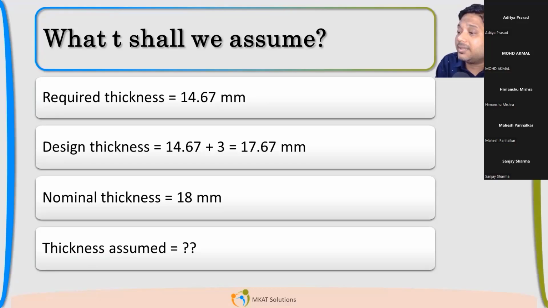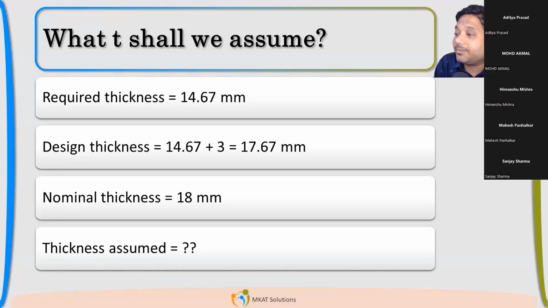Mahendra Singh is saying 16 mm. Sanjay ji is saying 15. Munendra is saying 15. Mahendra is saying after removing corrosion, but your answer was 16. If I took 18 mm as nominal and removed 3 mm corrosion, I'll get 15 mm.